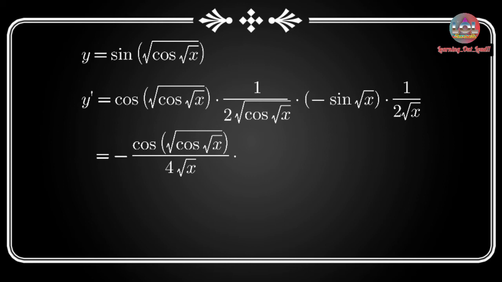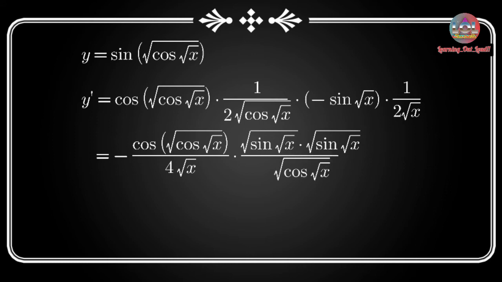Now I am left with sin root x upon root cos root x. Now sin root x can be written as root sin root x into root sin root x. And in the denominator, of course, we have root cos root x. Now in the next step, minus cos root x upon 4 root x are kept as it is.